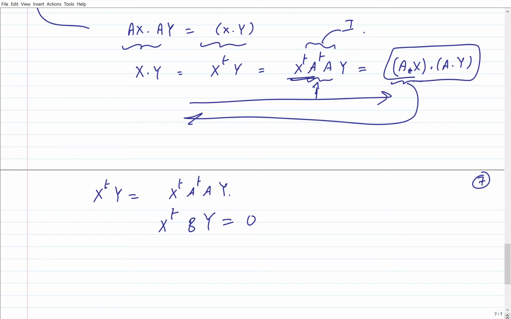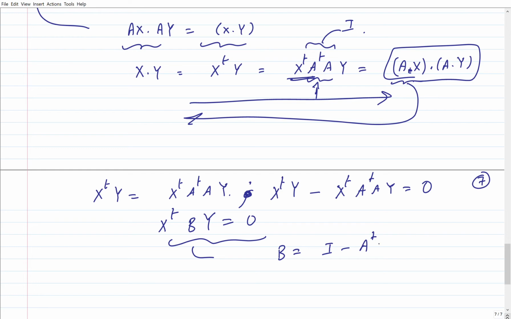Just get this to the other side. So this is going to be equal to X transpose Y minus X transpose A transpose A Y. This is equal to 0, where B is this particular matrix. B is identity minus A transpose A.